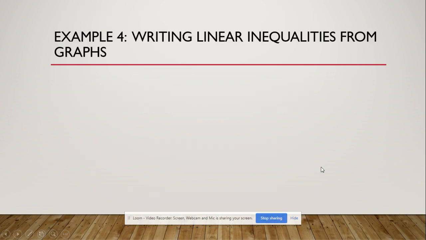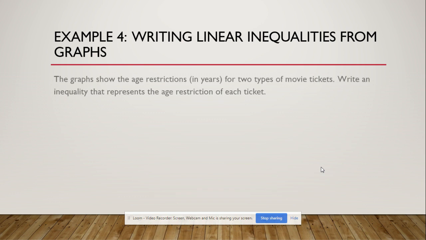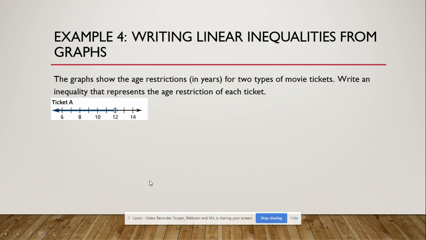Next, we're going to write these linear inequalities starting with the graphs. Now, these graphs are going to show the age restrictions in years for 2 types of movie tickets. We're going to write the inequality that represents the age restriction of each ticket. So first, here's ticket A. I notice it's got this circle here at 12.